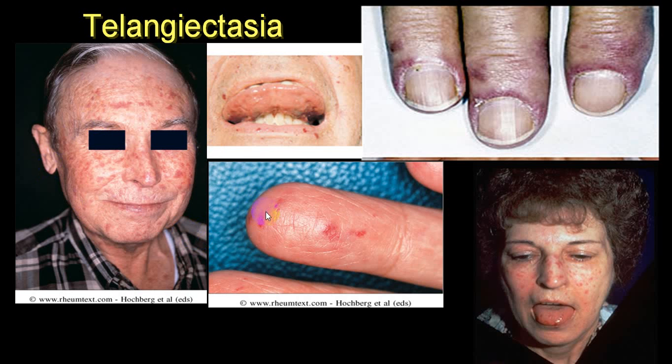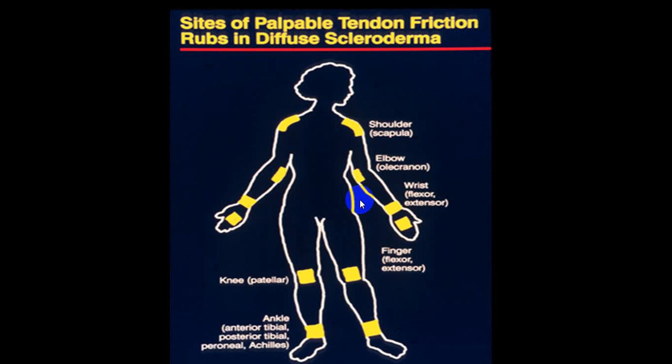You can see telangiectasia. See this over the tongue, over the lips, face. This is tendon friction rub, may be palpable and maybe even audible. Palpable tendon friction rubs, very easily palpable at different portion. Knee, ankle, elbow, small joints, shoulder, etc.